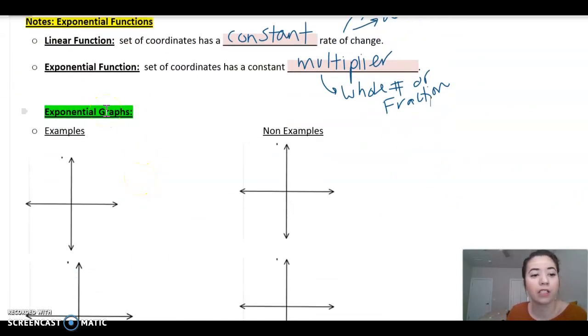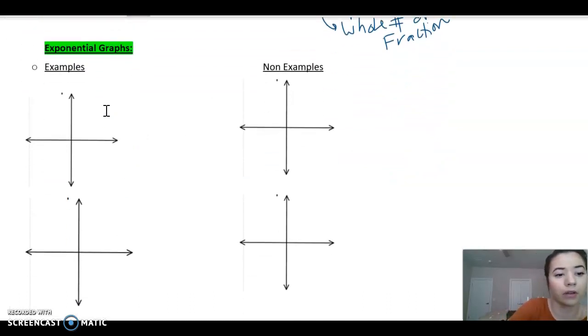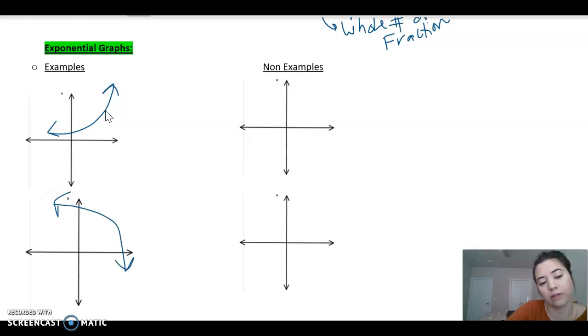Now when we graph exponential functions, we can see a lot of different things. You could see something that looks like this. You might see something that looks like this. Heck, we might see something that looks like this.